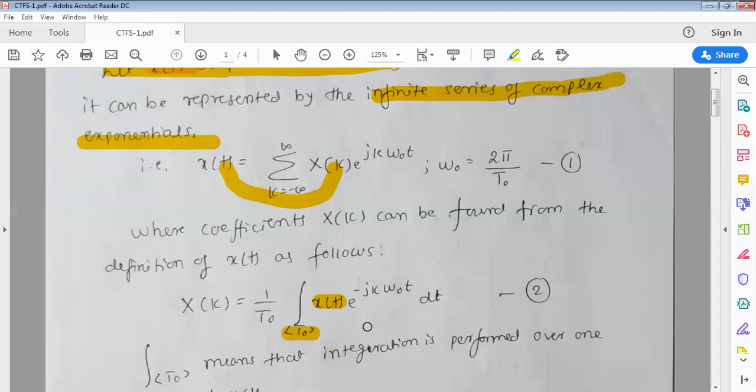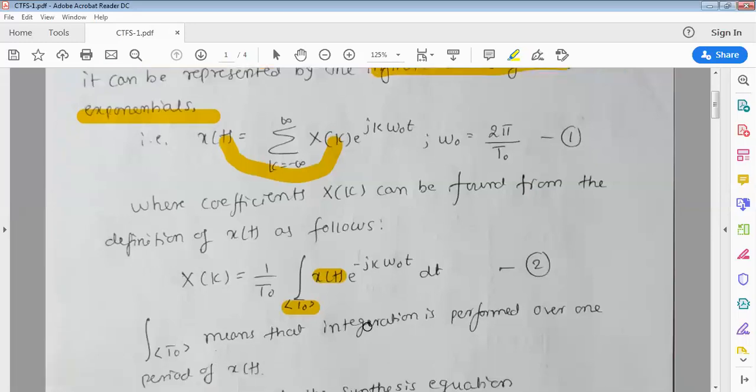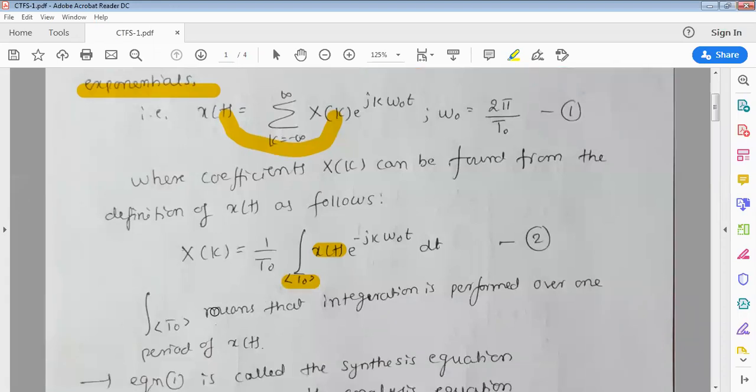I cannot integrate for indefinite time, so I concentrate only on one complete period. I'll write x of t times e power minus j k omega naught t dt. So this symbol indicates integration is performed over one complete period of x of t.